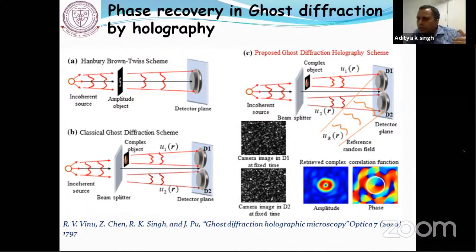In comparison to the usual Hanbury Brown-Twiss experiment, here you get fringes in the intensity correlation, and once you have the fringes, you can do Fourier processing and get back the object. I will show how we get this object from the correlation of these raw images: the camera image in D1 and the camera image in D2.